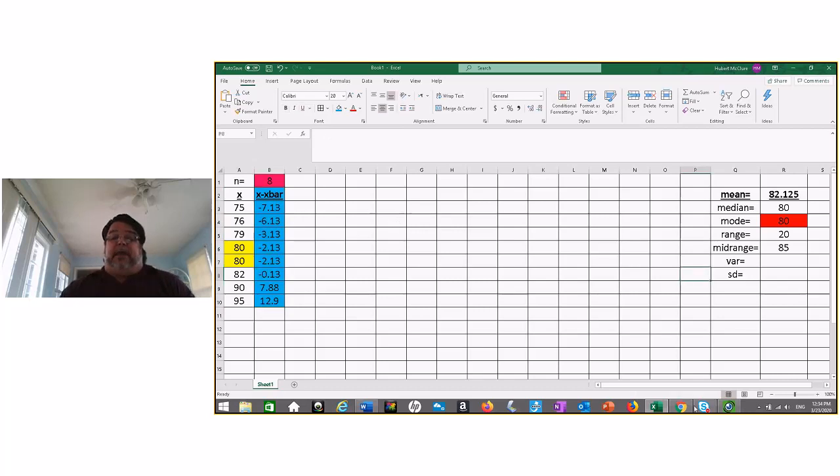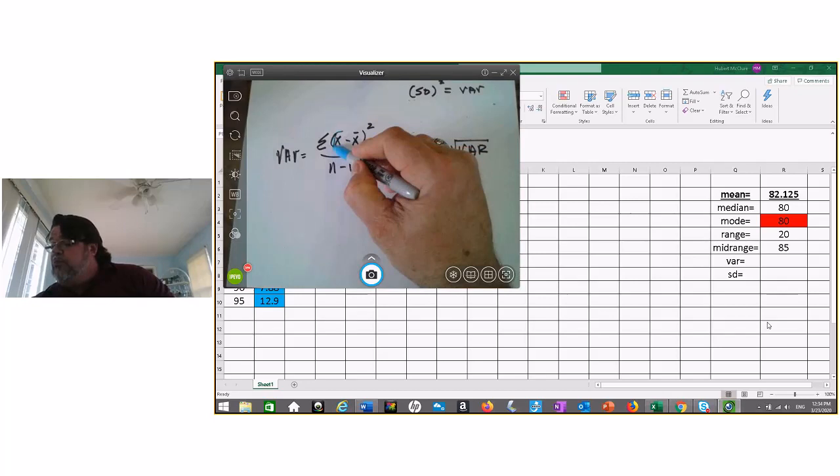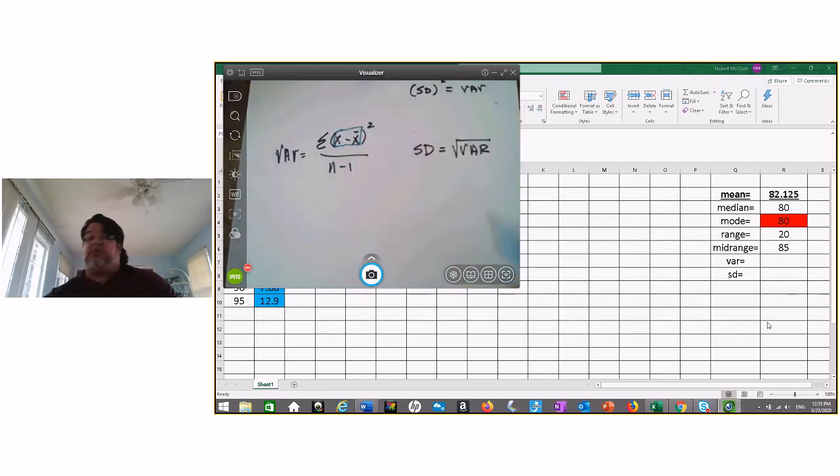Okay, so I just did this right here. That's aqua. So I just did x minus x bar. Now I have to square that, and I'll color that orange.